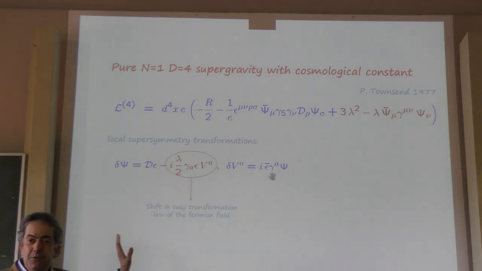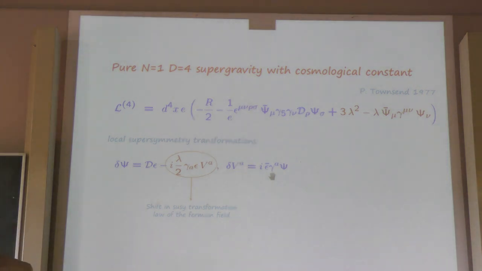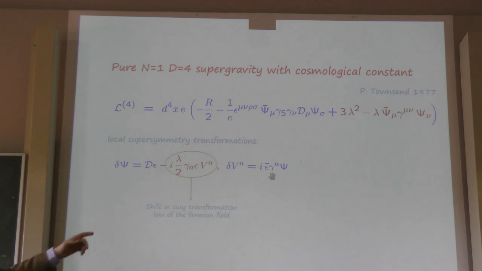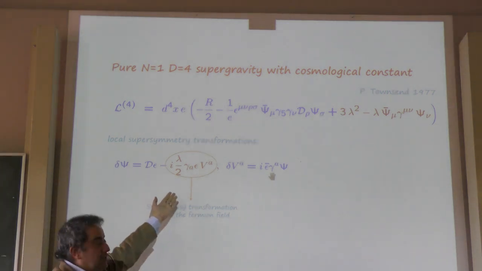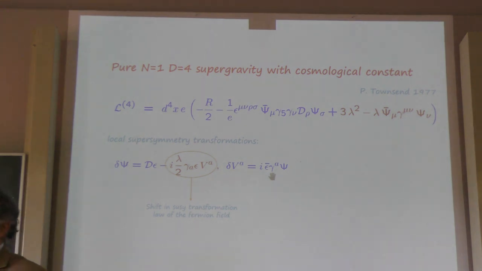This is going to be true also for gauge supergravities. In gauge supergravities, in order to introduce a scalar potential, and this is implied by the gauging procedure, you also have to introduce mass terms for the fermion fields and additional terms in the supersymmetry transformation of the fermion fields, the fermion shifts. Precisely as in this very simple model.